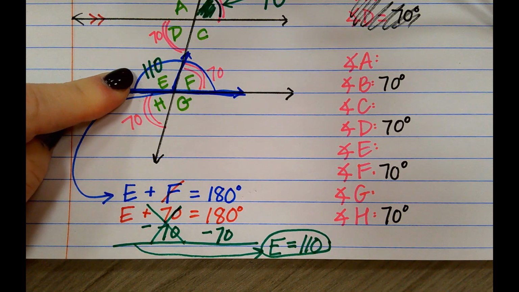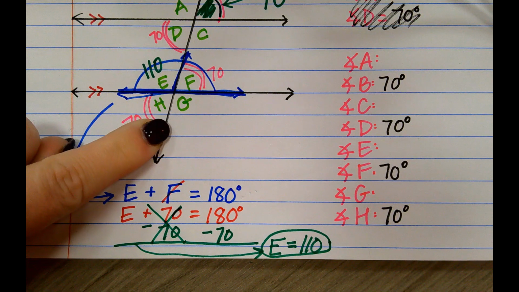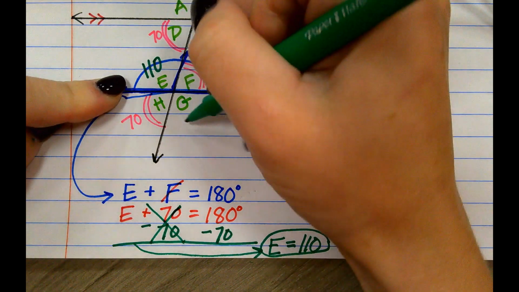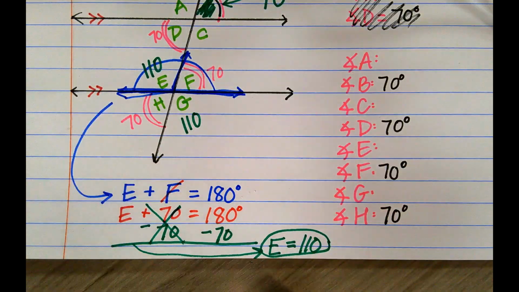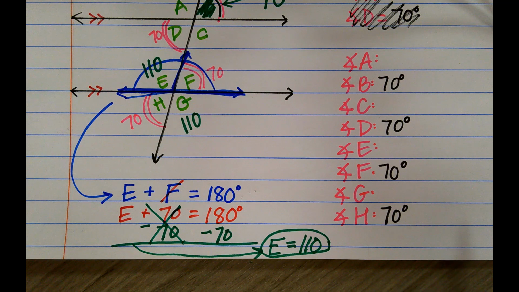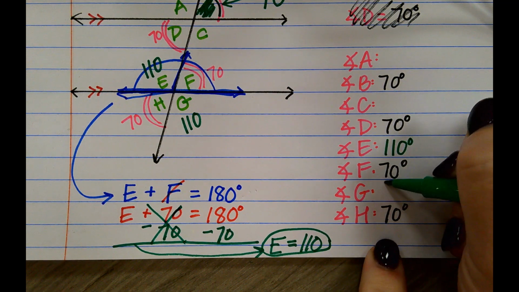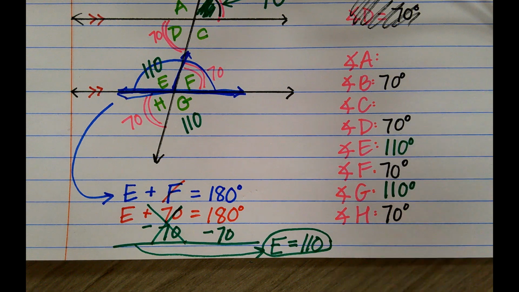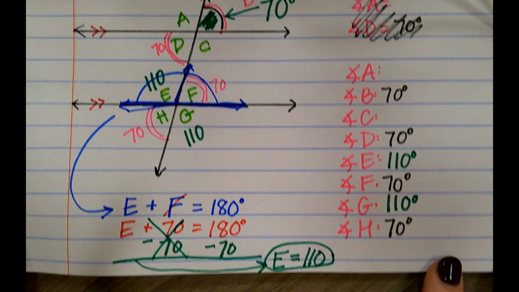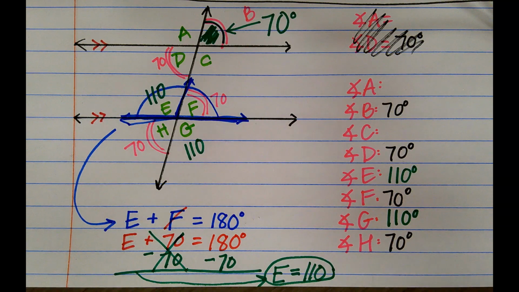And E is across from G. So G is also 110. So I'm going to write that over here. 110, 110. So A and C should also be 110.